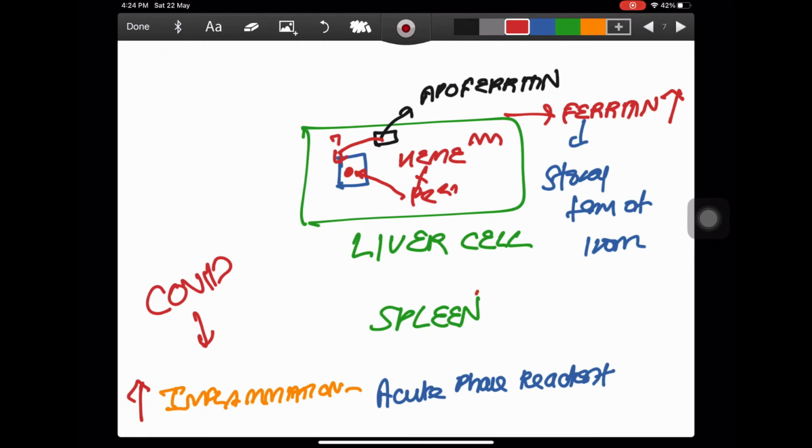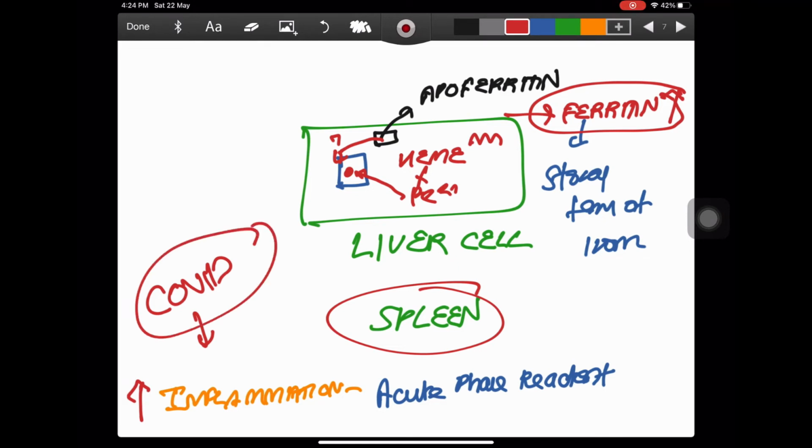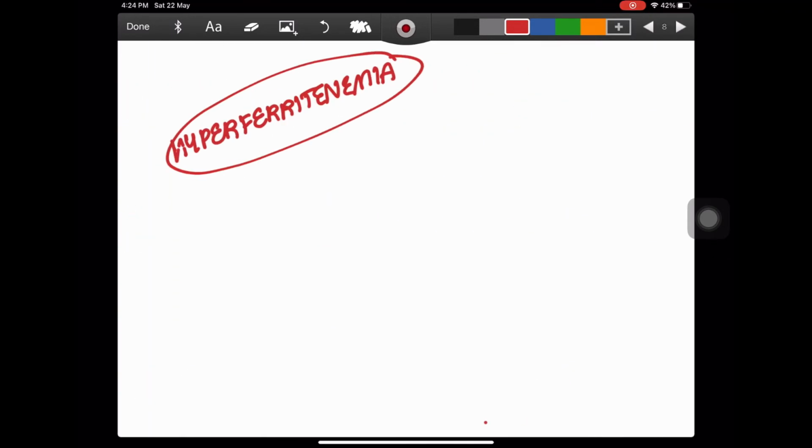This heme is catabolized in the spleen, where it is converted to ferritin, and ferritin acts as the storage form. This ferritin is increased as an acute phase reactant in inflammation. So in conditions like COVID, the level of ferritin is high.